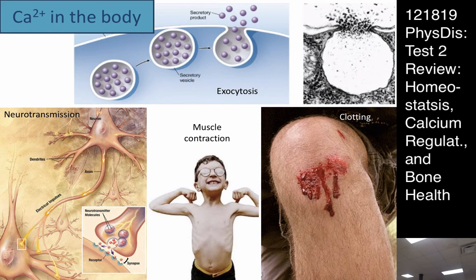The serotonin gets released and causes a downstream action potential in the next neuron. But then this upstream cell recycles all that serotonin and brings it back up into the bouton to be used again, right?